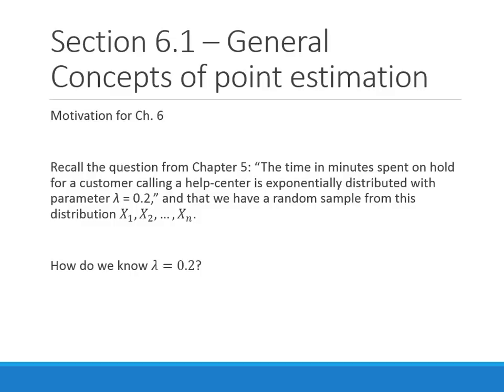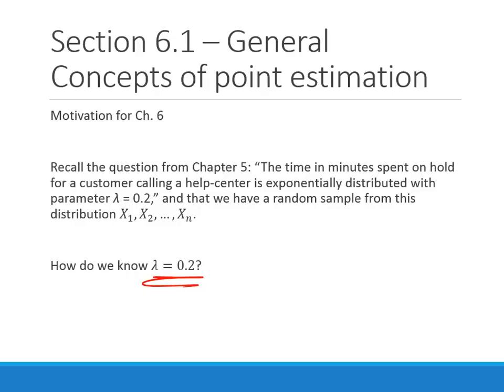So we asked something like, this was from our chapter 5 notes, the time in minutes spent on hold for a customer calling a help center is exponentially distributed with parameter lambda equals 0.2. And then we said we had a random sample, IID observations from this distribution, x1, x2 up to xn. So where did this come from? How did I know that lambda was 0.2? And maybe a bigger question is, how did I know it had an exponential distribution?